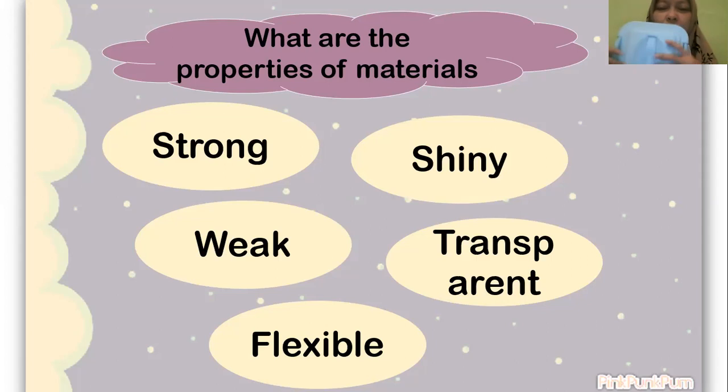It is very hard to bend. And for transparent, please look, you can see my fish. This means transparent, but if you cannot see my fish, it means not transparent, like that. Okay, I think we can move to the next.